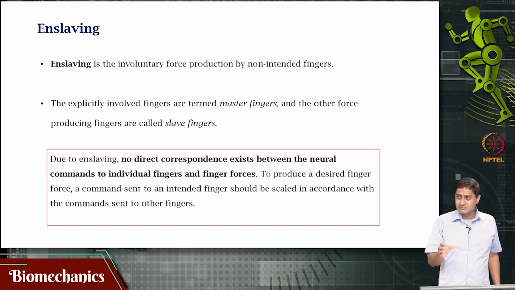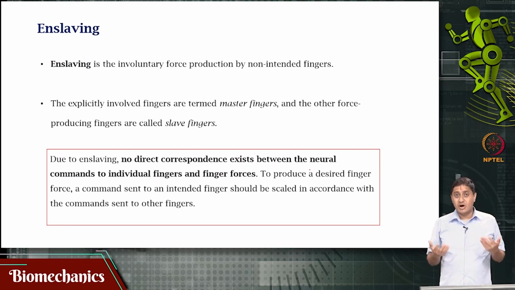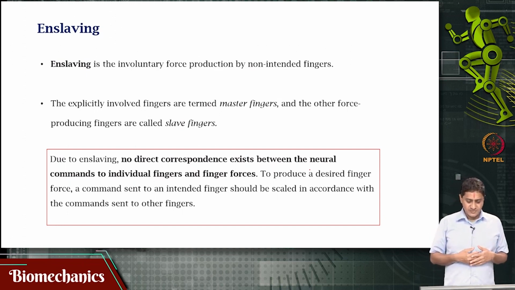Or, when you are pressing on an object or holding an object, the force produced by one finger is also affected by the force produced by the other fingers, so one force causes an effect on other finger forces. This is the involuntary or unintended force produced by the other non-instructed fingers.